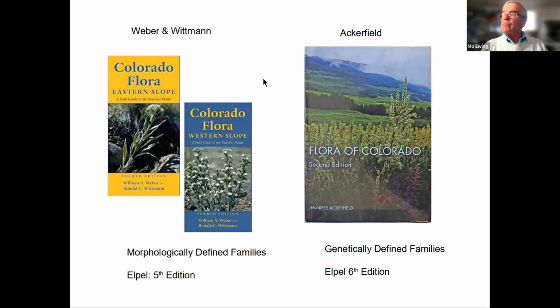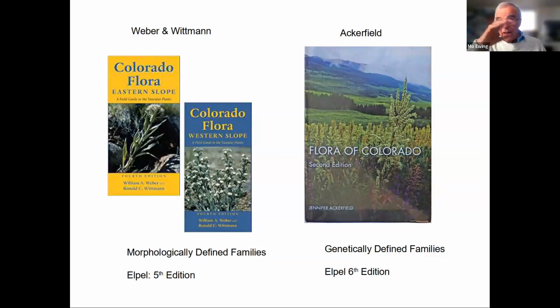The main book that I use today is a book written by Thomas Elpel, E-L-P-E-L, called Botany in a Day. And I use this because it describes the different plant families. It's really concentrated on plant families. And in 2004, I gave this presentation, and I used Thomas Elpel's, I think it was his 5th edition.